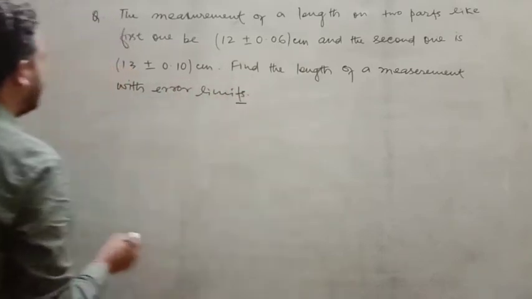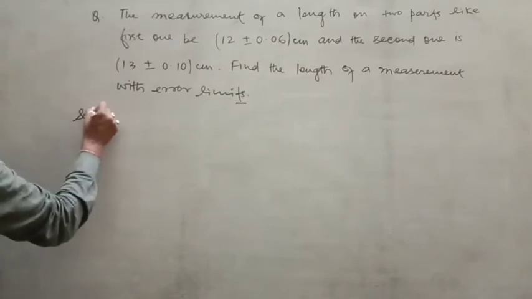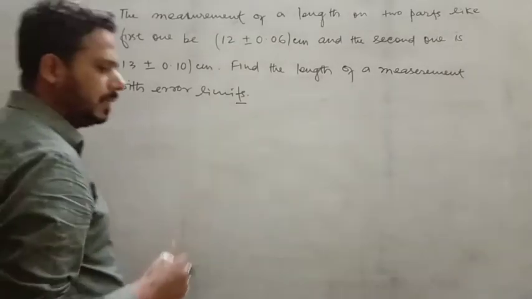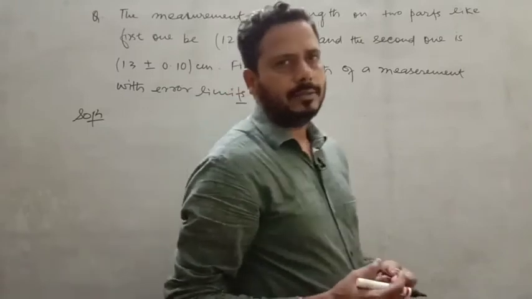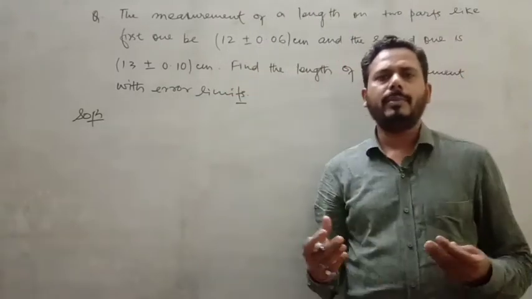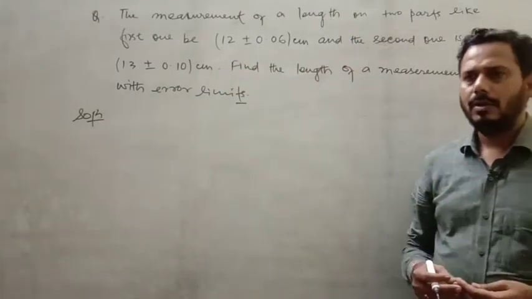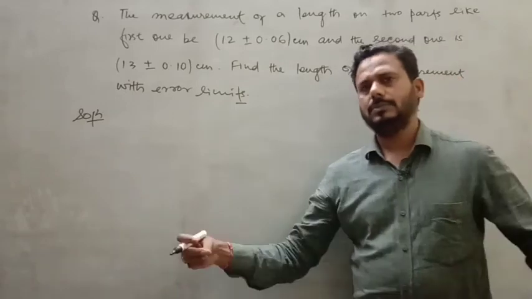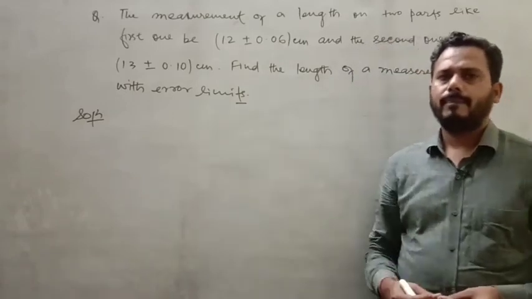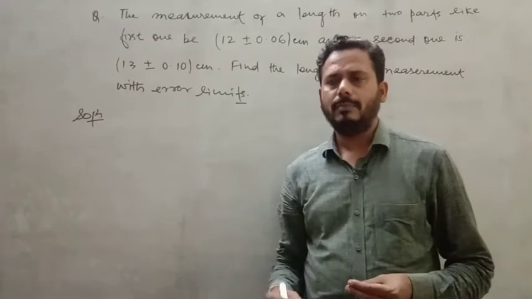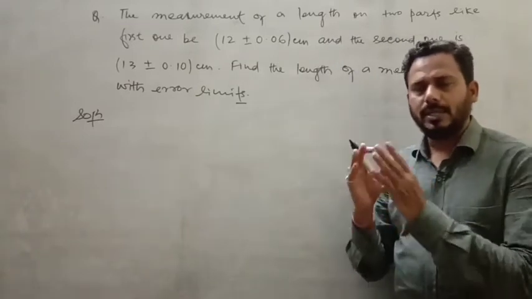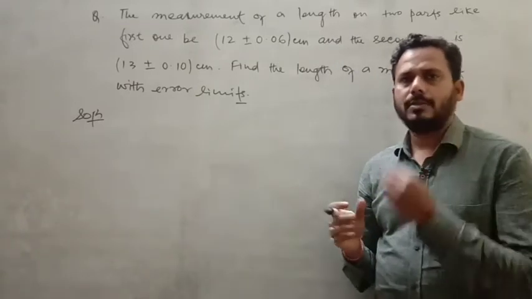So here is its solution. Actually we have a length of anything. It may be a length of a rod, a wire, a cloth, whatever. But right now this length is in two parts.